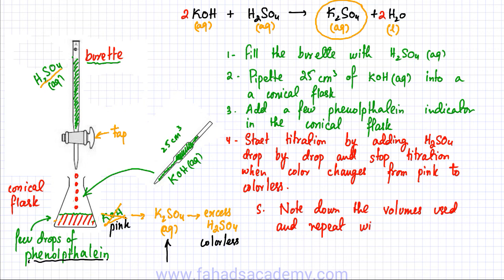Once you know how much sulfuric acid reacts with how much KOH, you don't need to add the indicator anymore. You simply repeat the titration using the volumes recorded in the previous titration, without the indicator, which in our particular case is phenolphthalein.